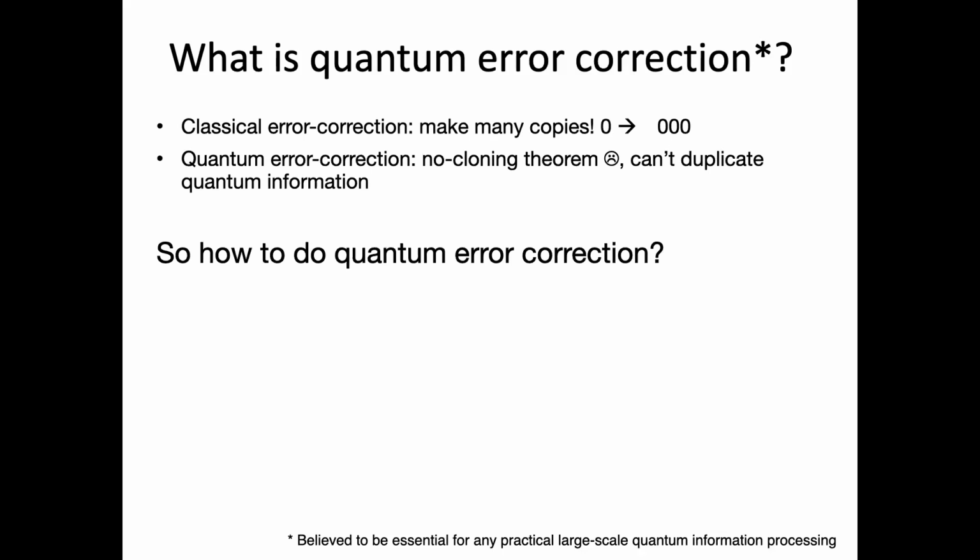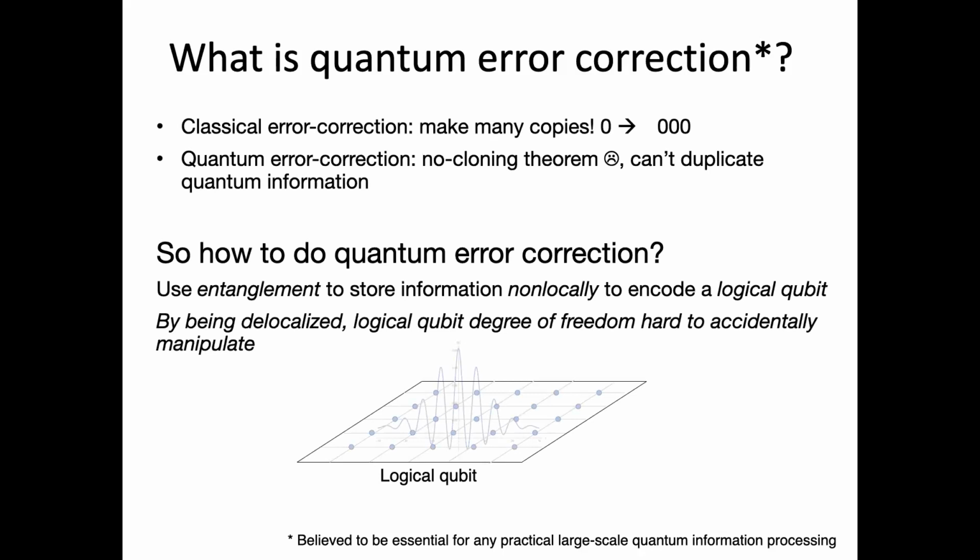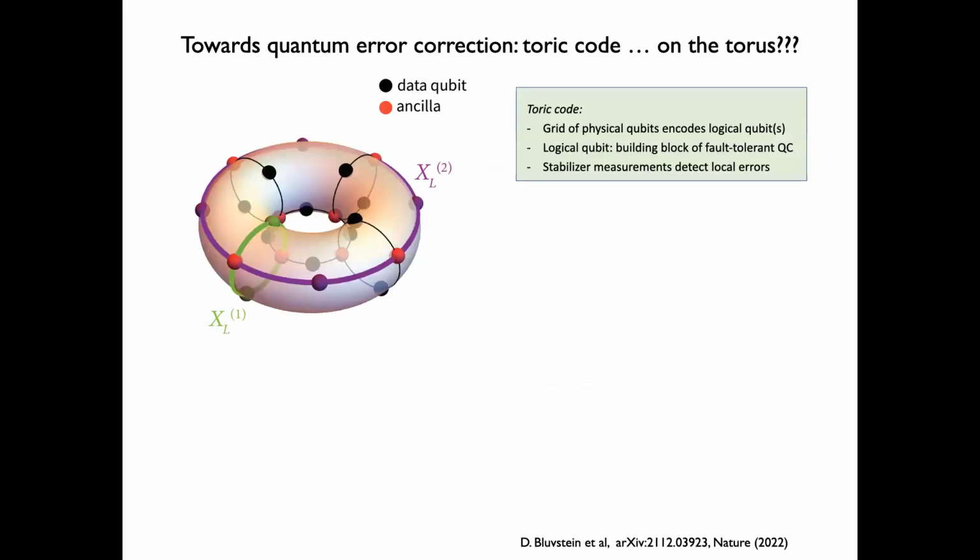So this kind of redundant encoding essentially involves entanglement. You take one qubit and spread it across several physical qubits, and this one encoded qubit you call a logical qubit. By delocalizing, you potentially make this degree of freedom more robust, but of course it's also harder to manipulate. So here is one example.